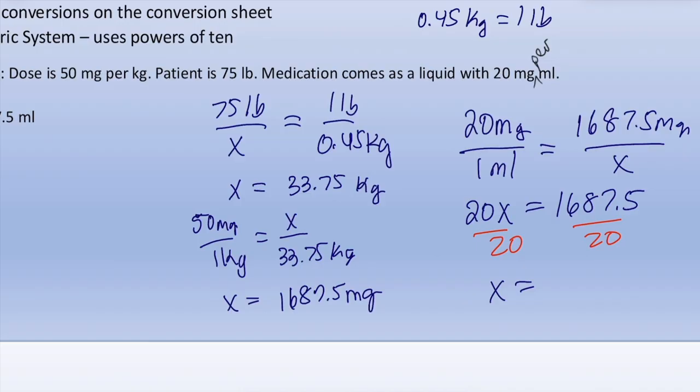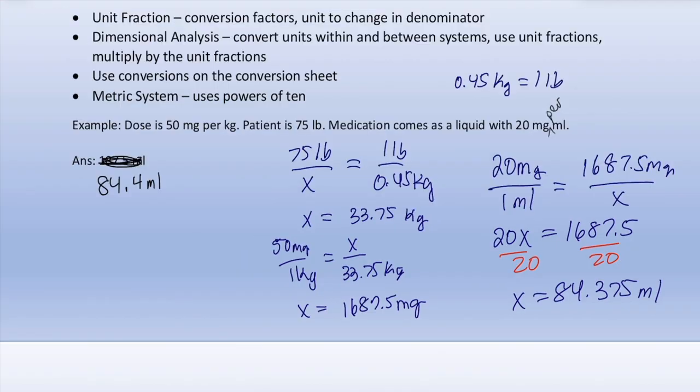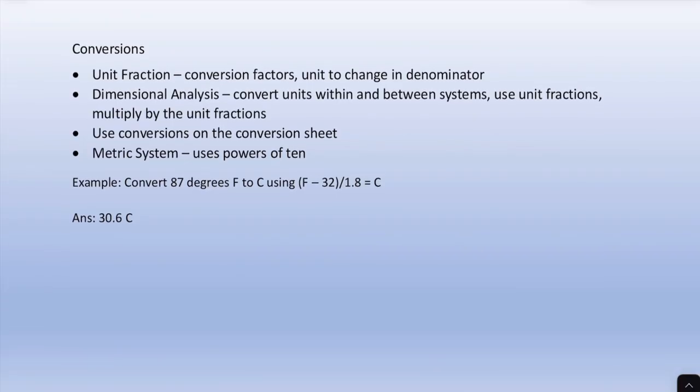And if we divide by 20, we get 84.375 milliliters. And you need to give your patient 84.4 milliliters of medication. So sorry, that was labeled wrong. Okay. Let's do another one.